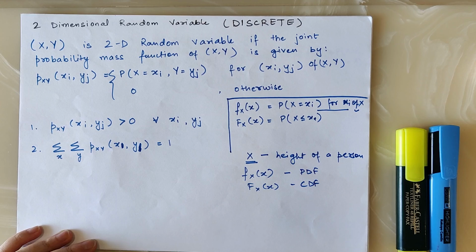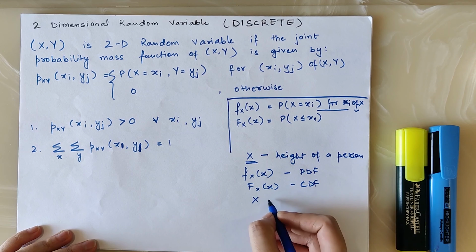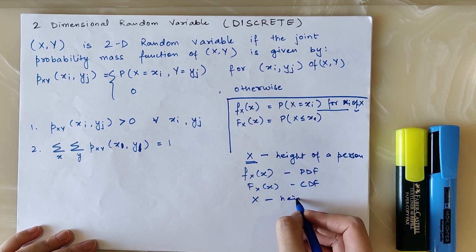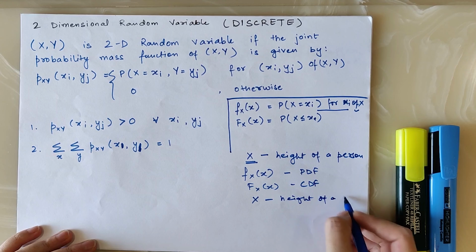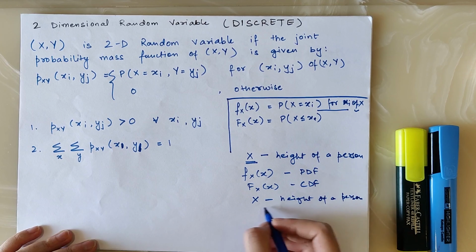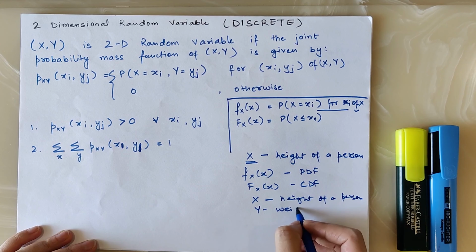Now let's say we want to record the height of the person as well as the weight of the person. Let's say that x is the height of the person and y is the weight of the person.